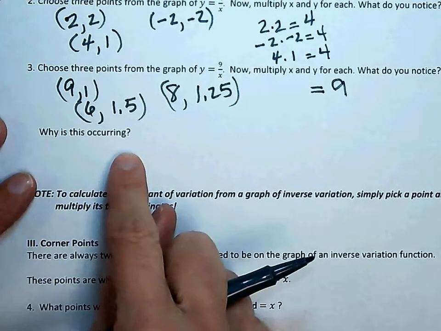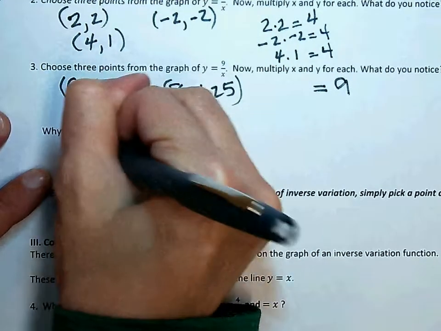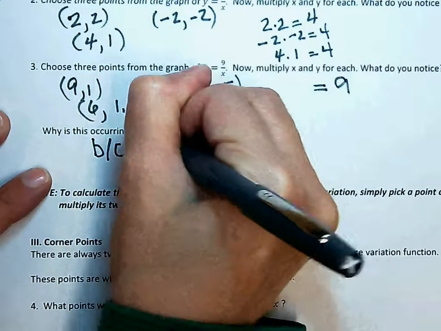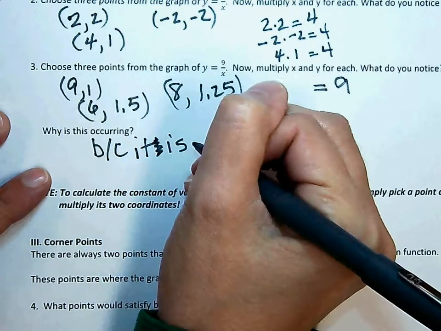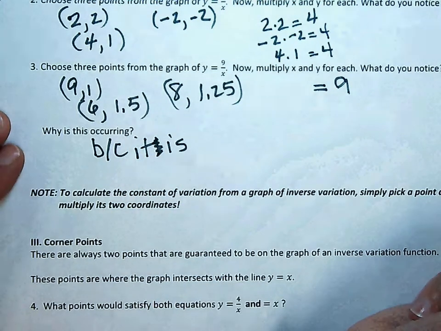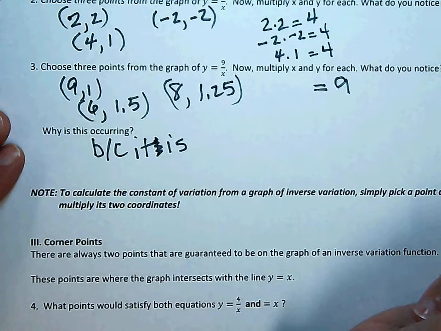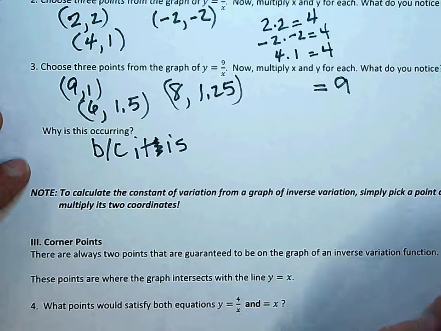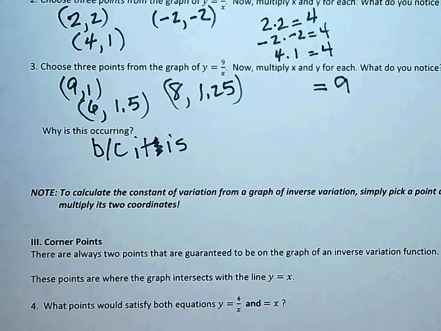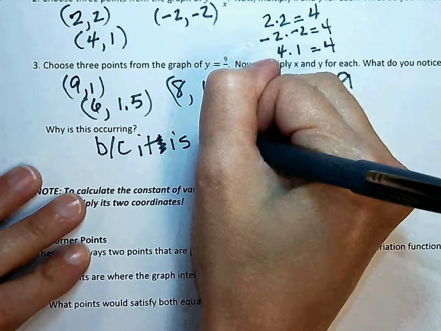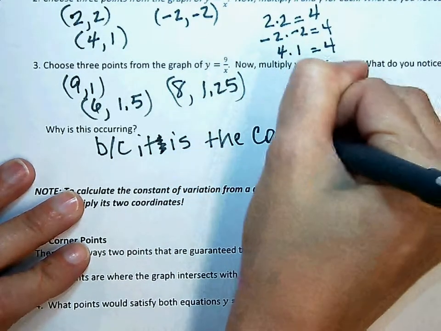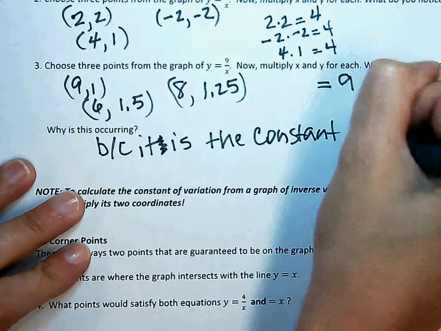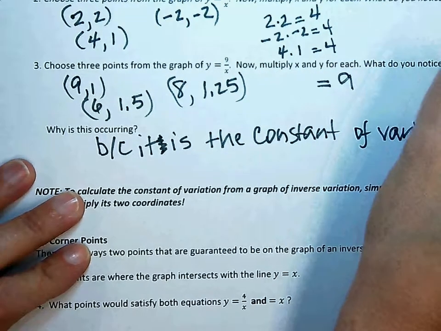You know it now, right? Say it again. It was right there the whole time. The constant of variation, it says y equals 9 over x. And it's K, right? Yay! Because it is the constant of variation.